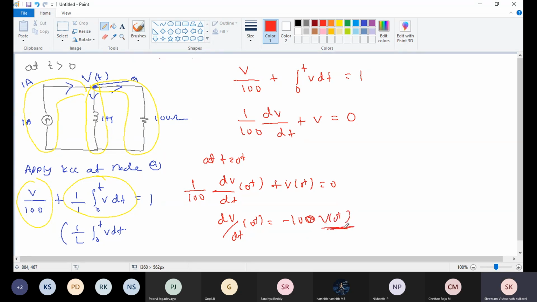We calculated V(0 plus) as 100 volt at t equal to 0 plus.